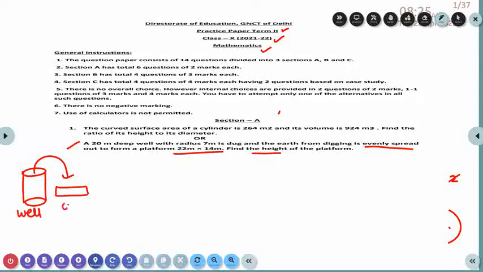Now the point is that here the logic used will be the volume of the earth dug out will be equal to the volume of cuboidal platform. Whatever soil we have taken out from that well, the volume of that soil, or that volume of earth that is dug out, will be equal to volume of cuboidal platform.